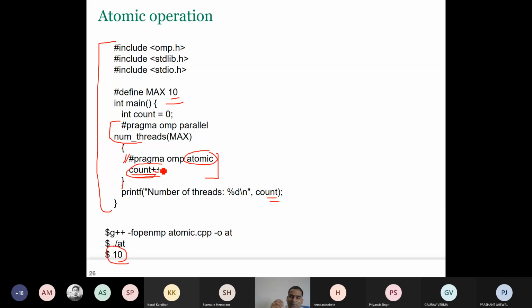Suppose you and your friend have a joint account with only 1,000 rupees left. You go and withdraw 1,000 rupees, and your friend also goes to some other branch and also withdraws 1,000 rupees. Then although your account had only 1,000 rupees, you have withdrawn 2,000, because both of us were withdrawing the money in parallel.